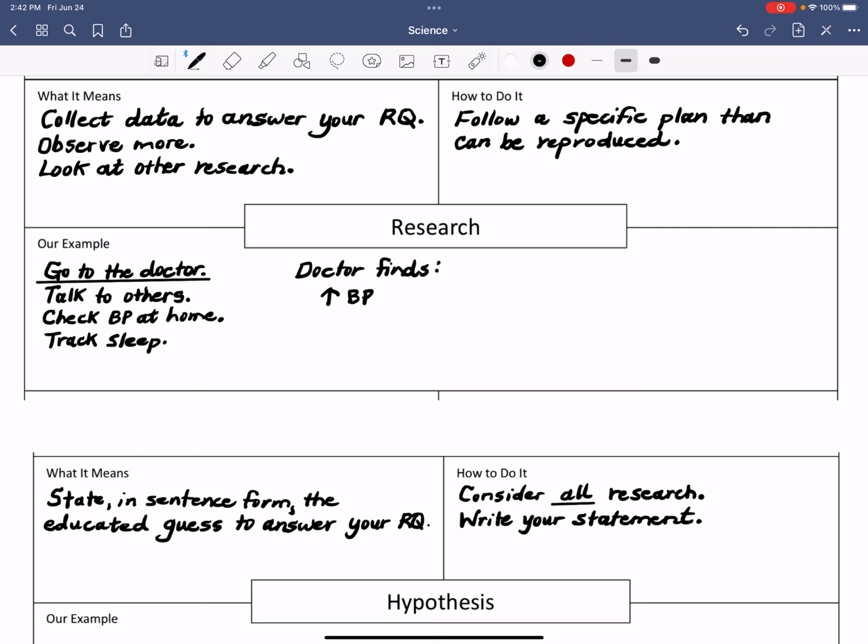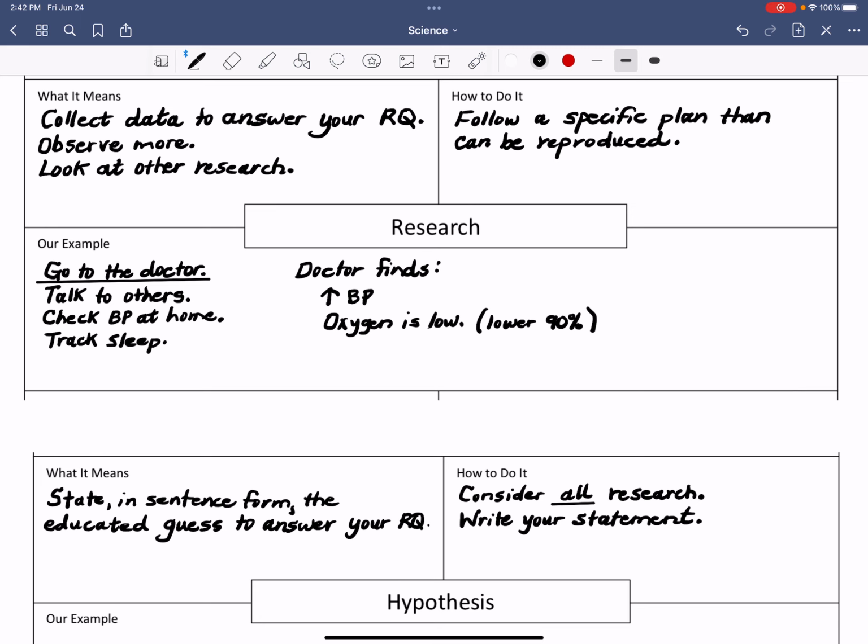And he also finds that Sam's oxygen levels are low. He's maybe in the lower 90%. Oxygen should be in the upper 90s. So maybe Sam's is around 92, somewhere in there.